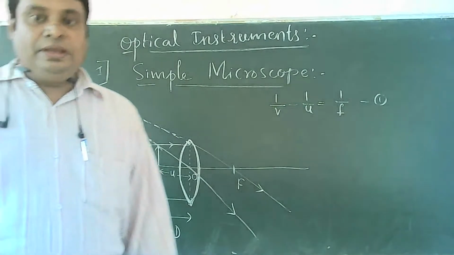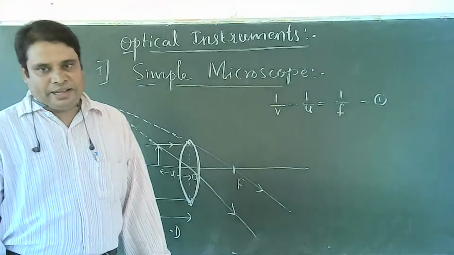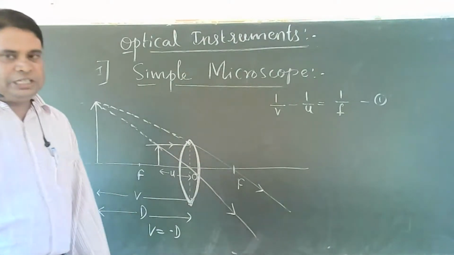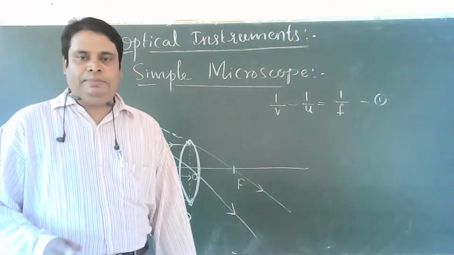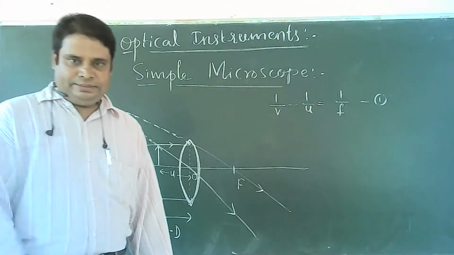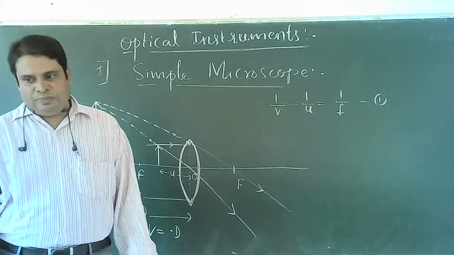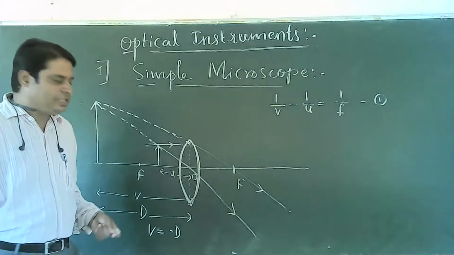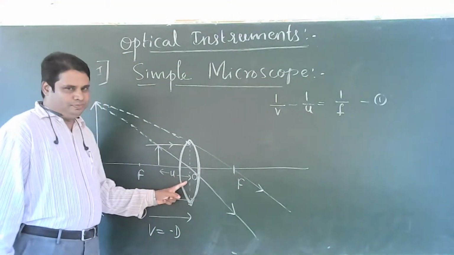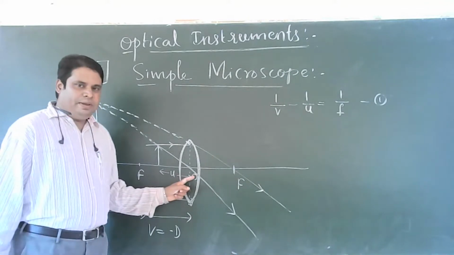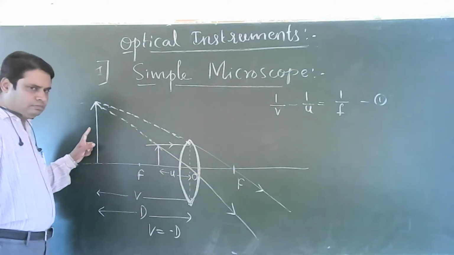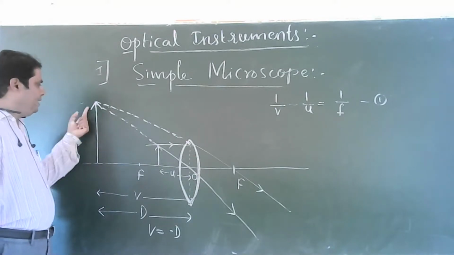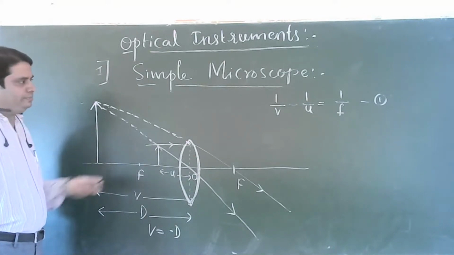If you are interested to calculate the magnification produced by this system when the object is placed between F and O, O means optical center here. You can write it as C also, no problem. I am taking it as O. Then your image will form on the same side of the object, which is erect and virtual.